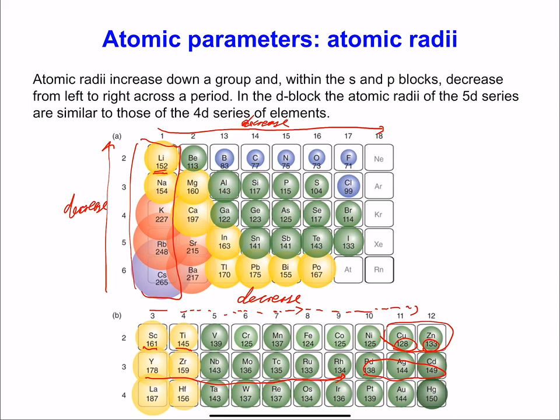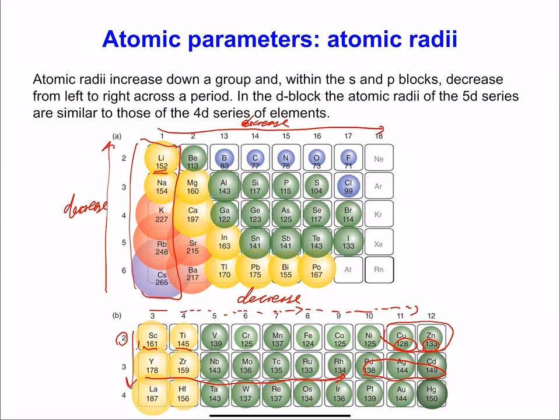If we look at the same group, and we look at the first row transition metals, this row, okay. If we go down group 3, you can see it increases, okay.